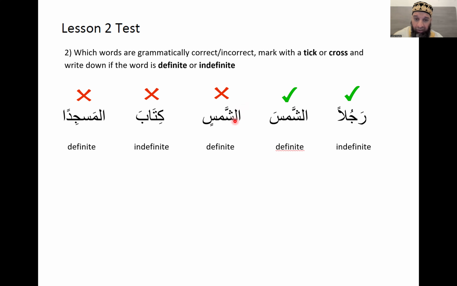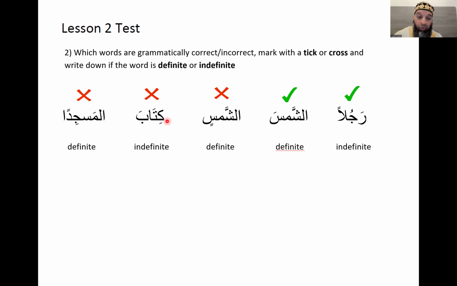Because there is an al here, you can't have a double ending. The al will cause the ending to become single. So the correct one would be ash-shamsi in this case, because I decided to put a kasra there. Default would be ash-shamsu, but in this example, I just forced it down into a kasra.